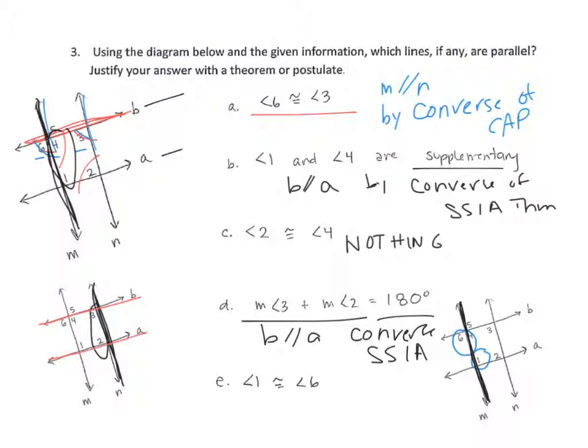And since we know they're congruent, we can say that the two lines that cut through the transversal are A and B. So A is parallel to B by the converse of the alternate interior angles theorem, which says that if these two angles are congruent, then the lines are parallel. So these two angles were congruent, so now we can conclude the lines are parallel.